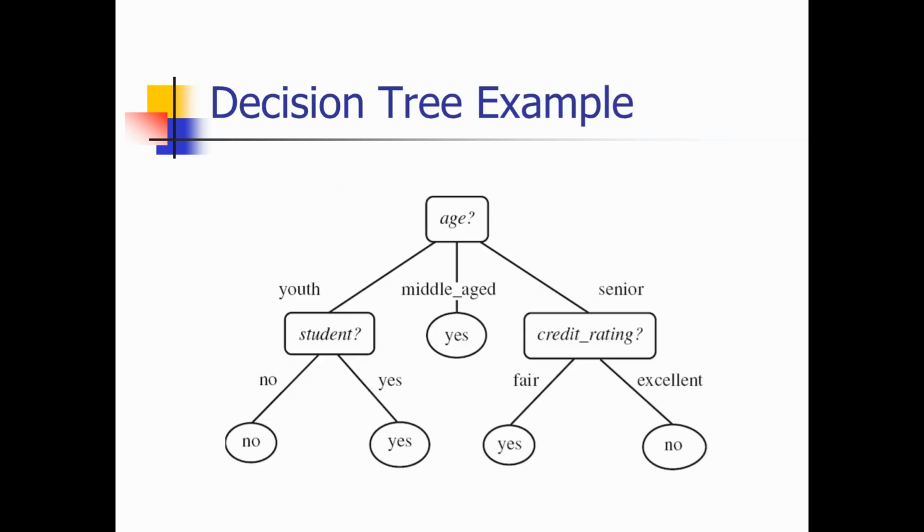Here is a very quick example. Based on the data set that we talked about, using the age, income, as well as the credit scores, etc., we try to predict whether or not a customer is going to buy a computer.